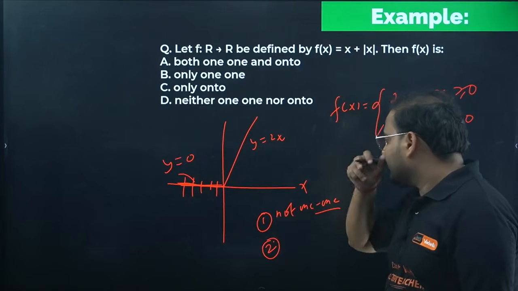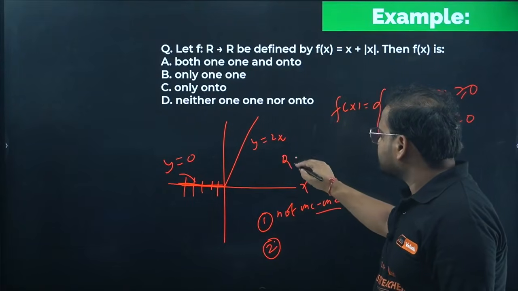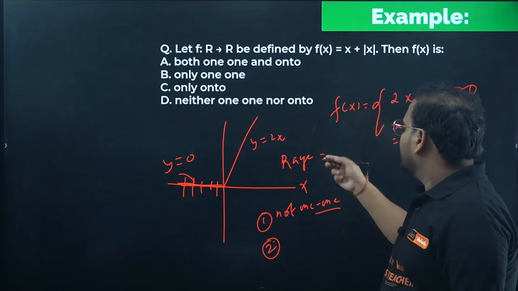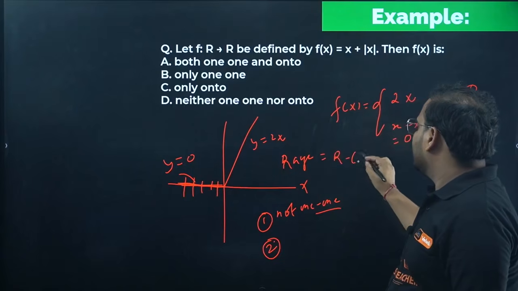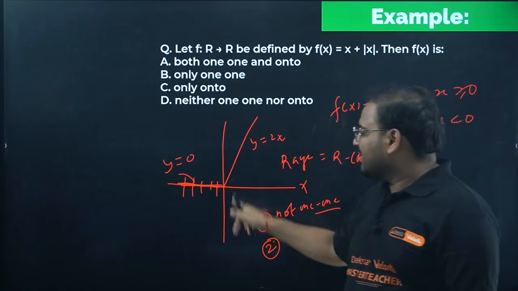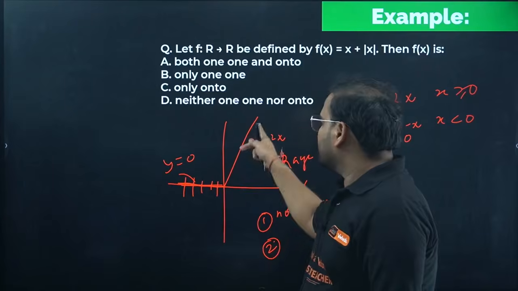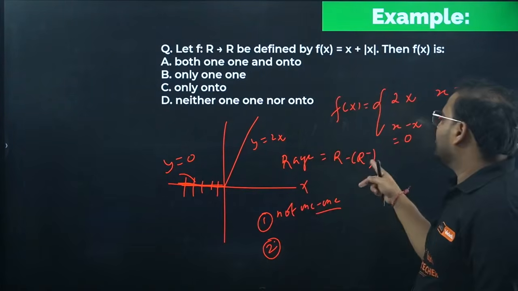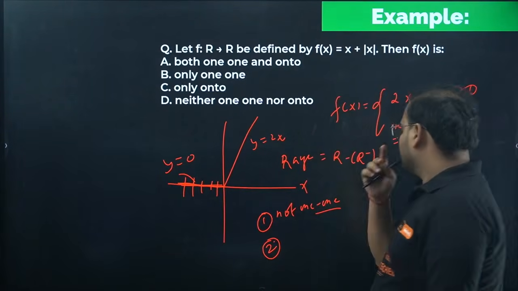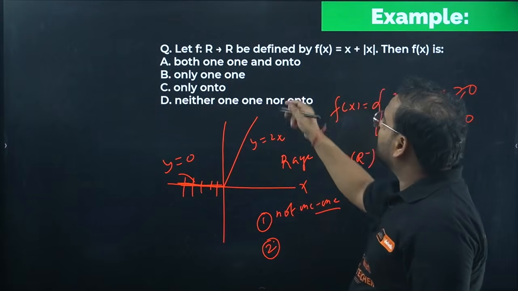Number 2, for onto you check here, what is the range? Your range is all real minus negative real numbers, right? You don't have any negative real numbers over here, only 0 and positives. So from all real, remove the negative real numbers, that is your range. Is this equal to the codomain?